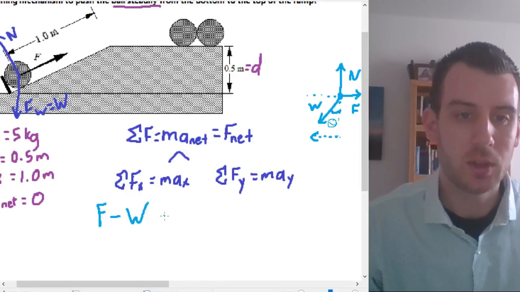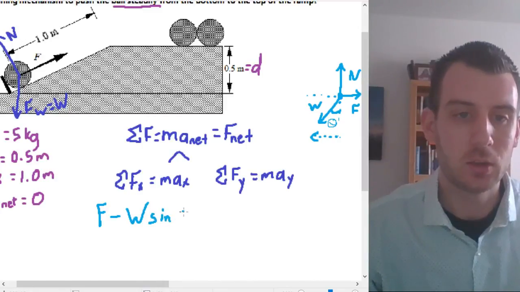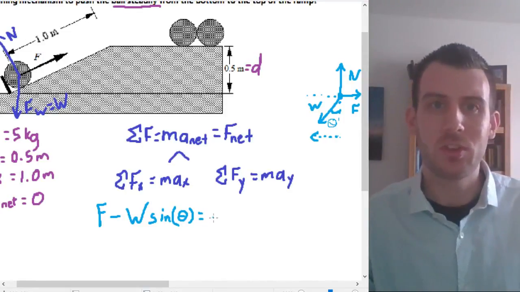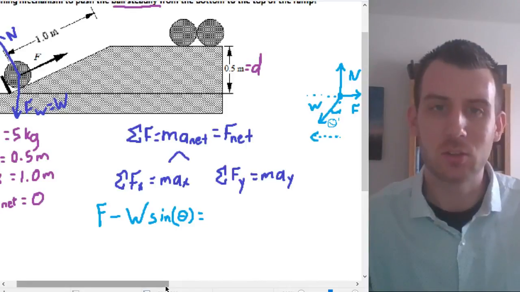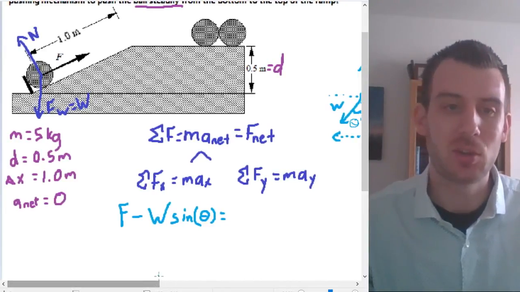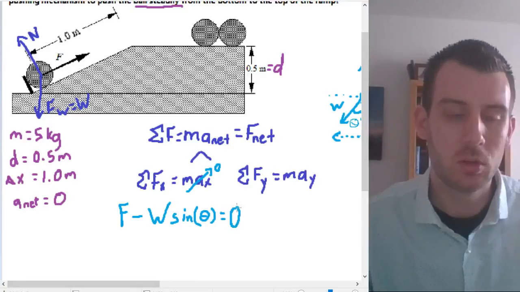So the opposite of that angle theta is going to be our sine component, so sine theta. Now, what about the acceleration? What do I know about acceleration? Well, we said originally that the net acceleration is going to be 0, which means the acceleration in the x has to be 0 and the acceleration in the y has to be 0. So I can actually just take all of this and turn it into 0.